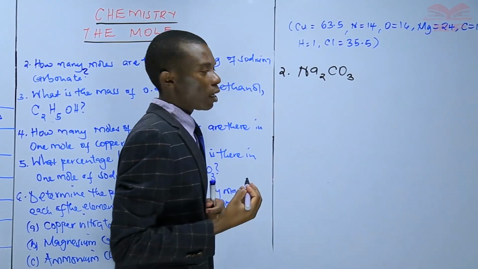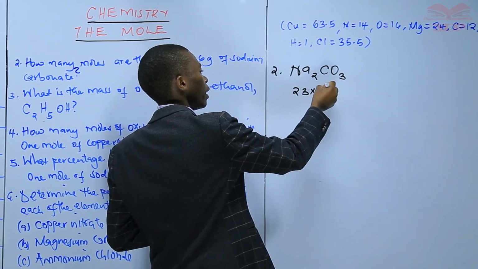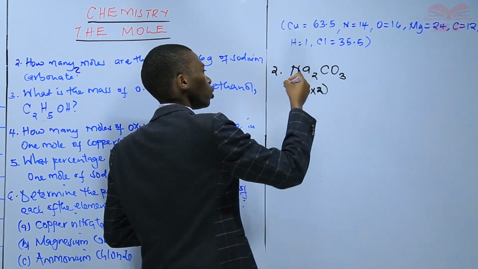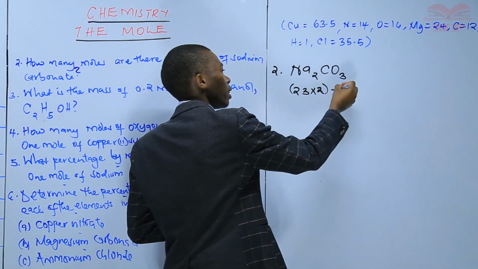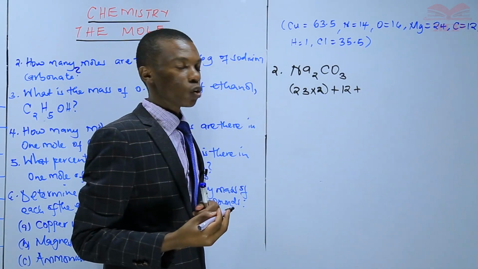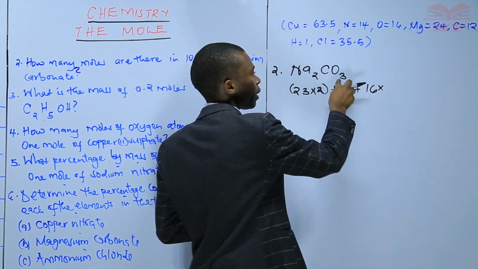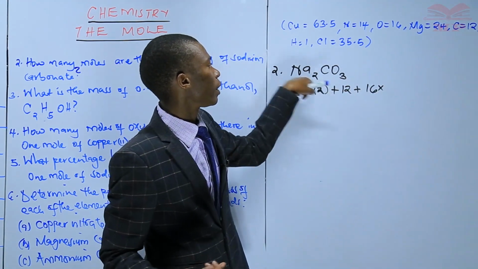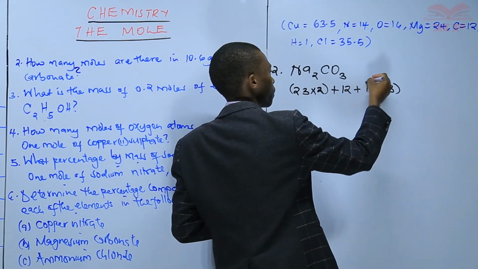Therefore, the relative formula mass will be: the mass of sodium is 23, and there are 2 atoms, so 23 times 2. Then you add the mass of carbon, which is 12, and also the mass of oxygen, which is 16. But because there are 3 atoms, the mass of oxygen in this compound will be 16 times 3.